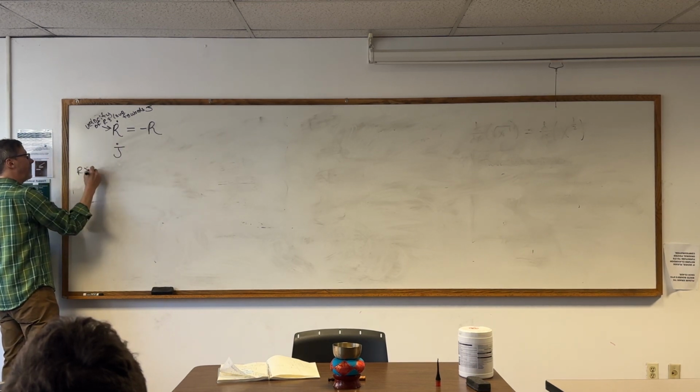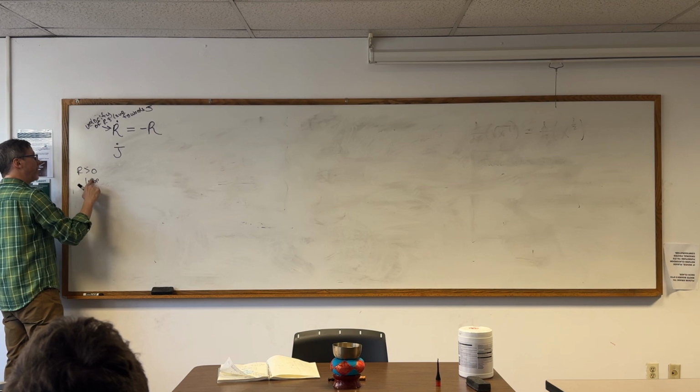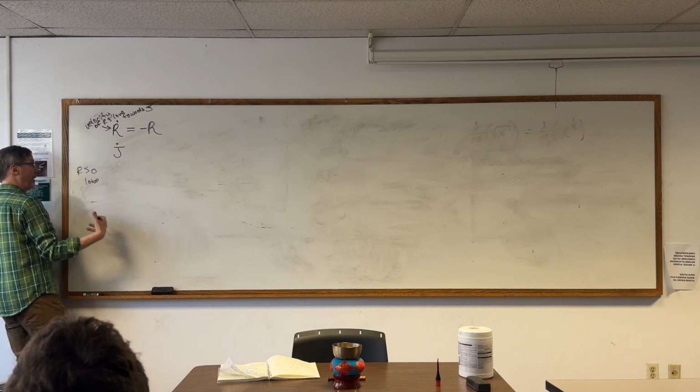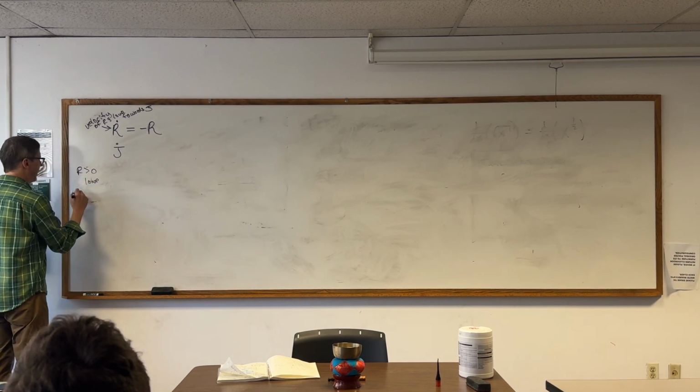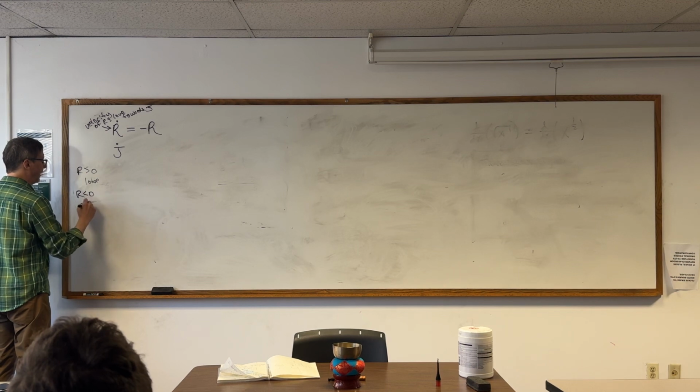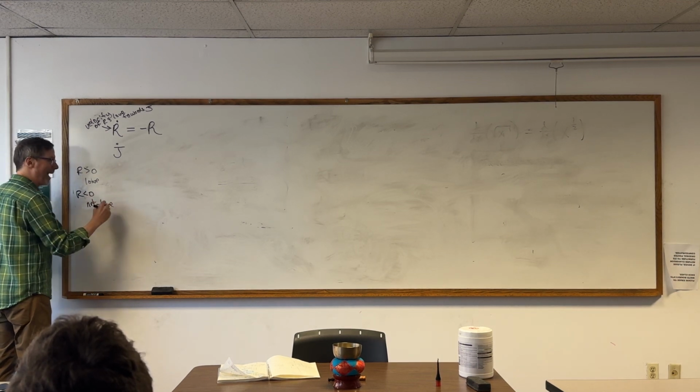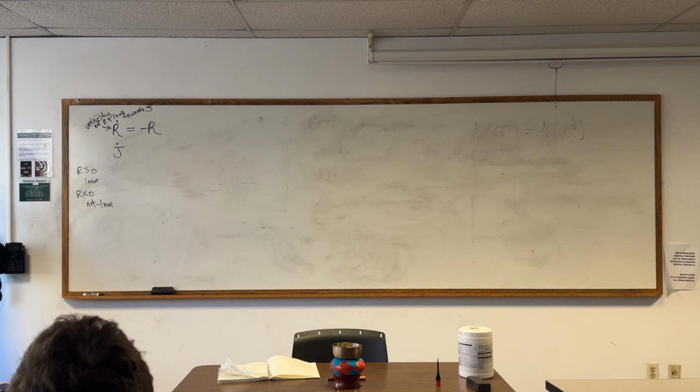If R is positive, that's love. The greater the magnitude, the greater the love. If R is negative, that is not love. The opposite, whatever that is to you, dislove. I don't want to say the H word today. Contempt. What is that? Contempt. Oh, I like that.